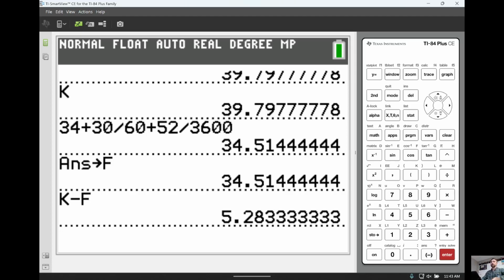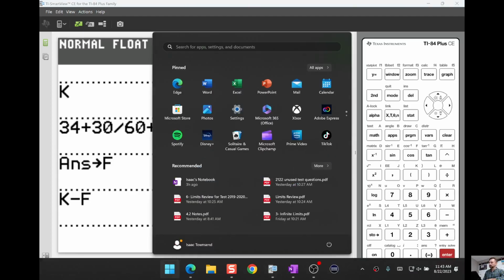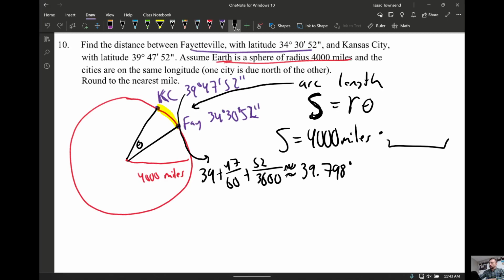The actual angle in between these looks to be about 5.283 repeating. Approximately 5.28 repeating. Now, I don't want to write all 8 or 9 decimals. That's the whole point of rounding. Nobody cares about decimal 9 or 8 or 7, except that you need to keep up with it for your work.